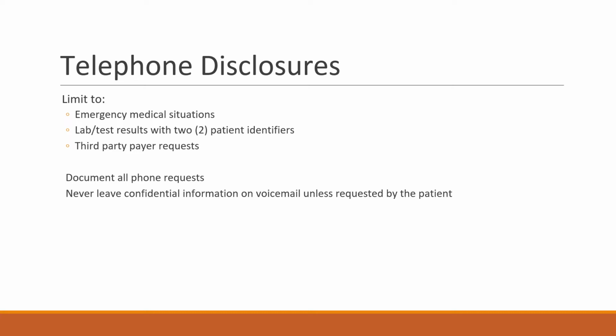Now, there are situations where you might send a patient to a facility and that facility might need a verbal disclosure from you. Maybe they can't read the last medication or dose on the record that was printed and sent over to them. You always want to verify the person on the other end, and you always want to have two patient identifiers.